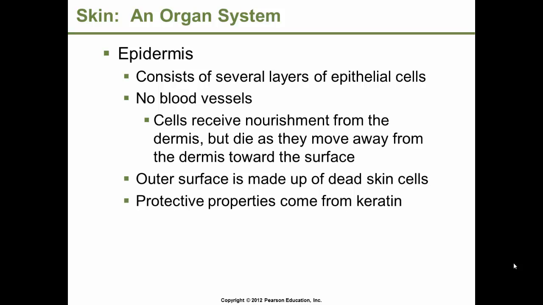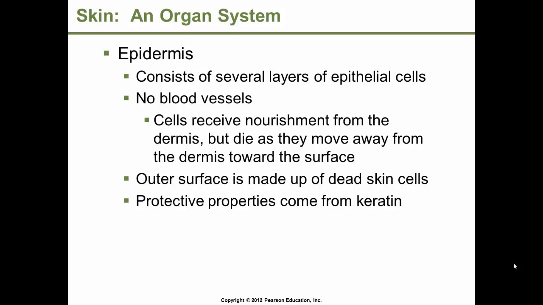Keratin is a protein. It's a tough fibrous protein that gradually replaces the cytoplasmic contents of the cell as it's pushed up from the dermis layer. Approximately 2 weeks to a month pass from the time a new cell is formed to the time it is shed. Lipid-soluble materials are able to cross the lipid cell membranes of the epidermis.